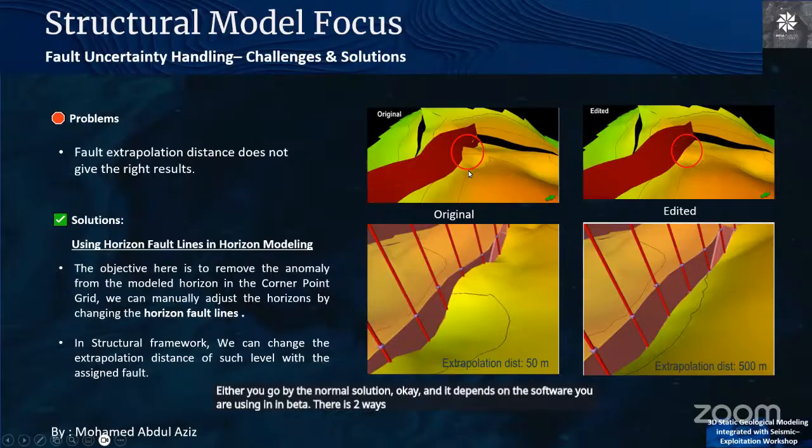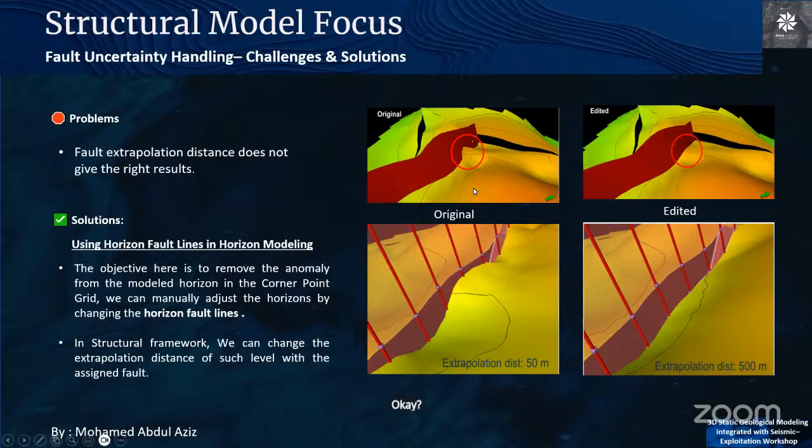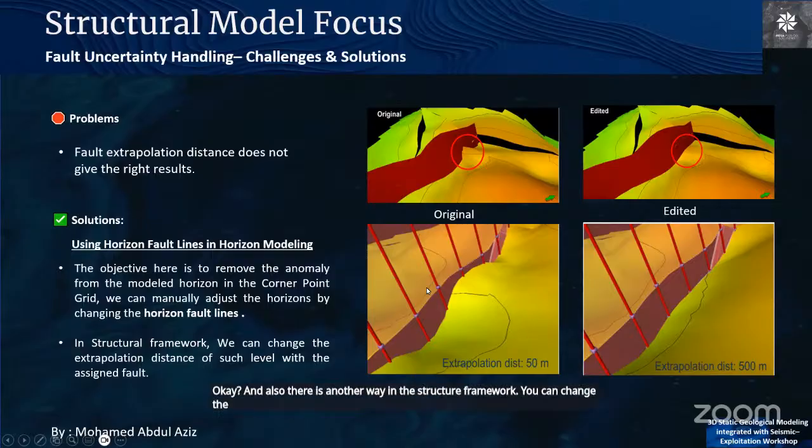In the corner point grid, you can manually adjust the horizon by changing the horizon fault lines, okay? And there is another way in the structural framework: you can change the extrapolation distance of such a horizon relative to the fault that is causing the problem.